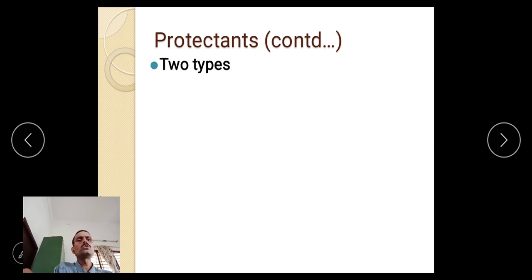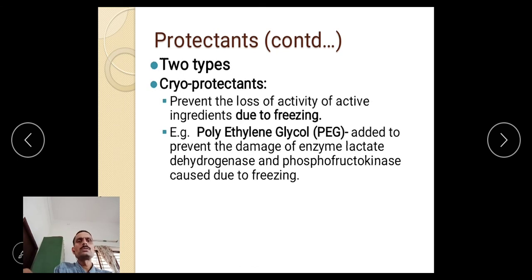Next, we can divide protectants into two types. First, cryoprotectants, named based on the process. They prevent the loss of activity of the active ingredient due to freezing. When there is cooling down of the product, that is freezing, there may be loss of activity.